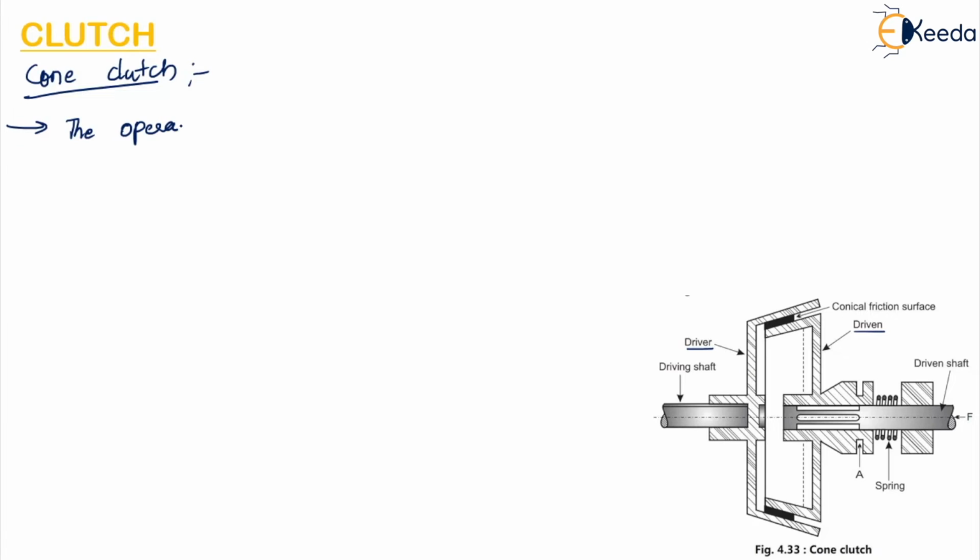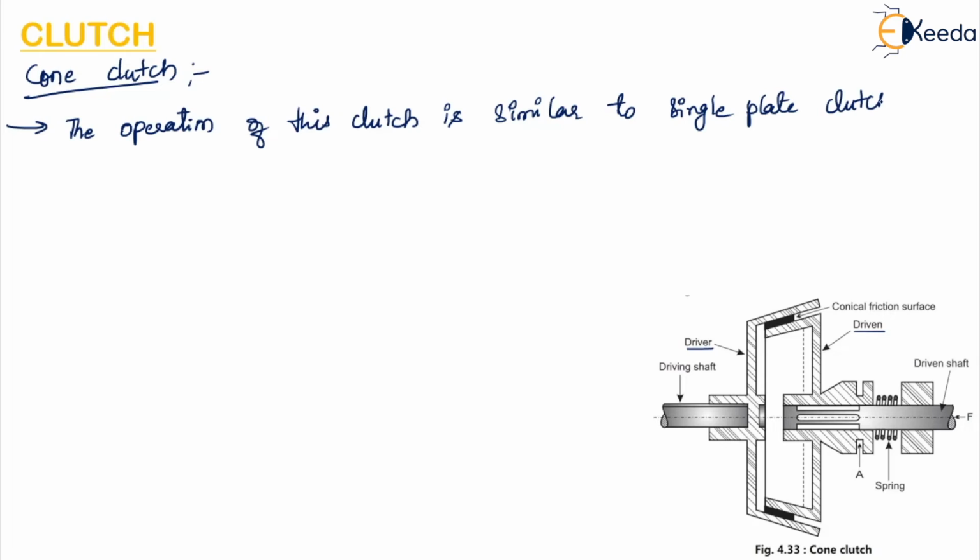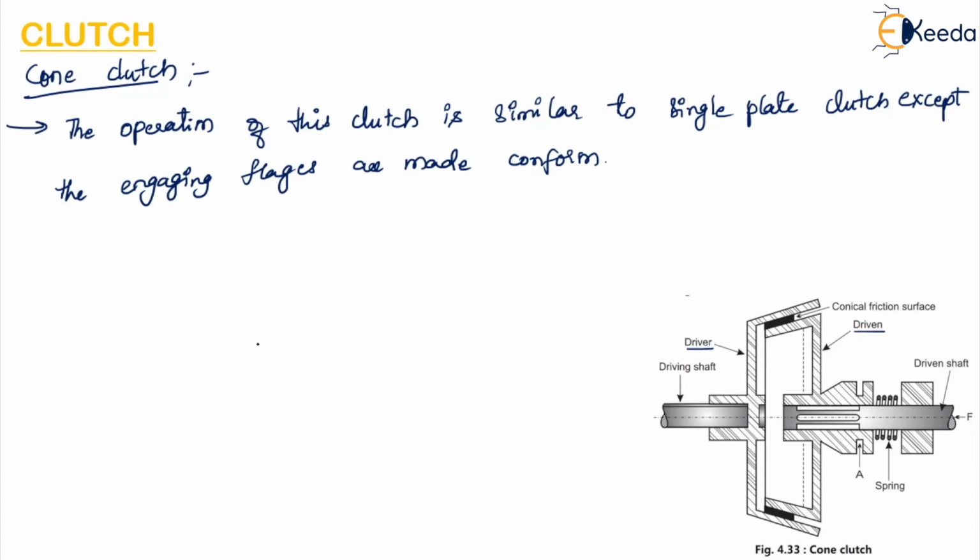The operation of this clutch is similar to a single plate clutch, except the engaging flanges are made conform, as we can see in the figure.